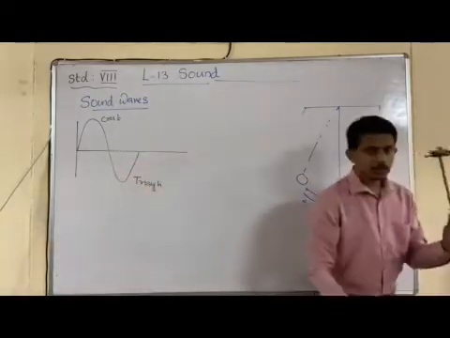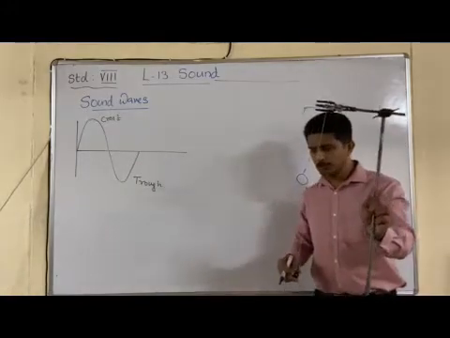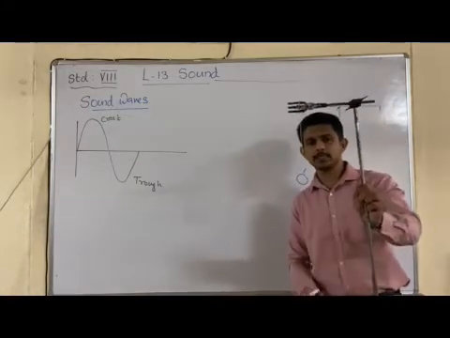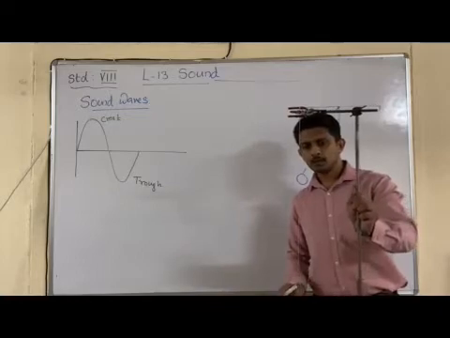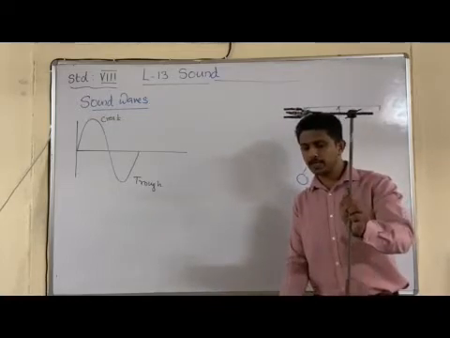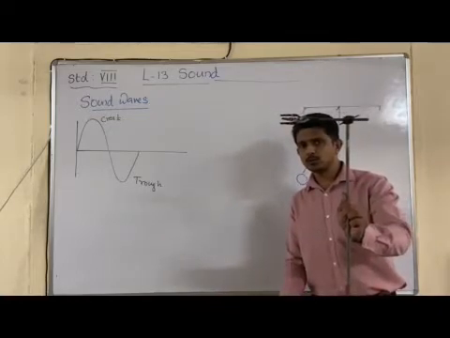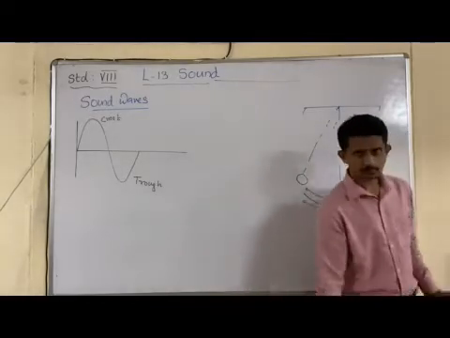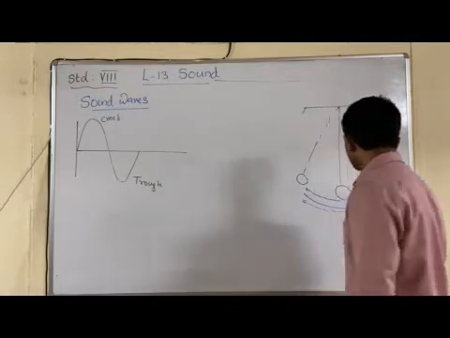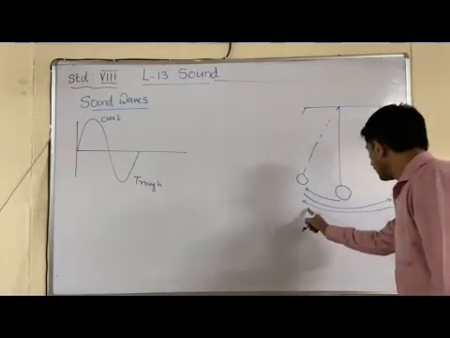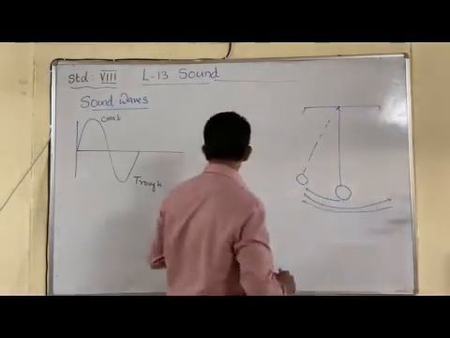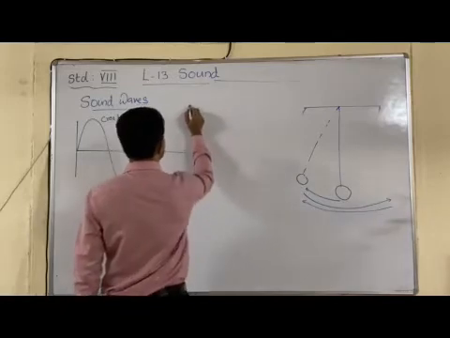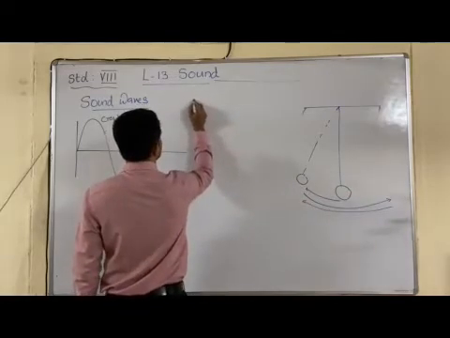Like this, I have taken this pendulum and released it. You can see that it goes to the other side, again coming back to this side. So this pendulum is completing one complete oscillation. This is where the pendulum is performing one complete oscillation.